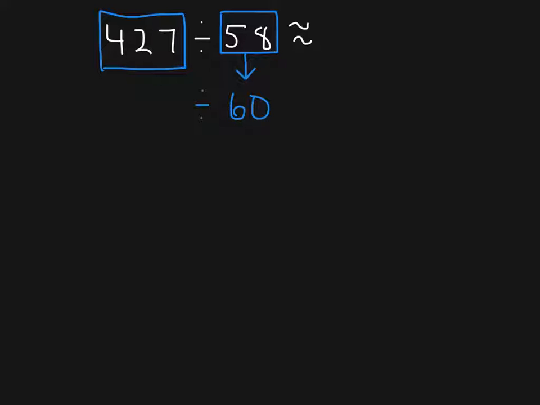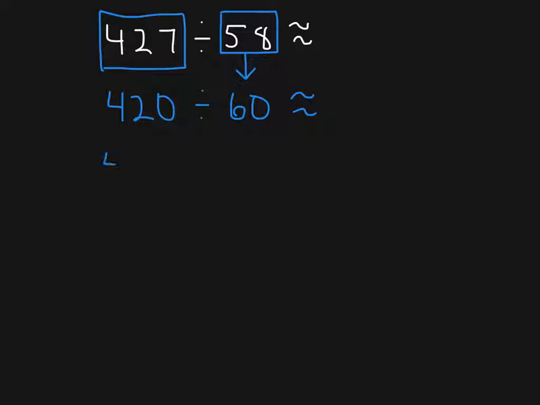What I do want to round it to is 420, because if I ignore the zeros in these numbers, I have 42 divided by 6, and that is a basic fact. So I can easily do that in my head.